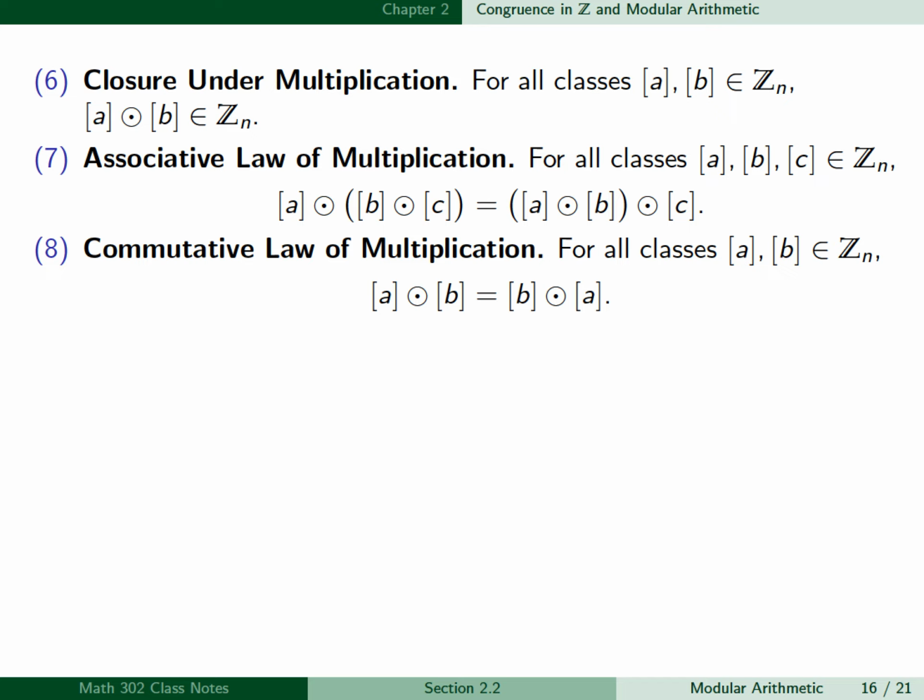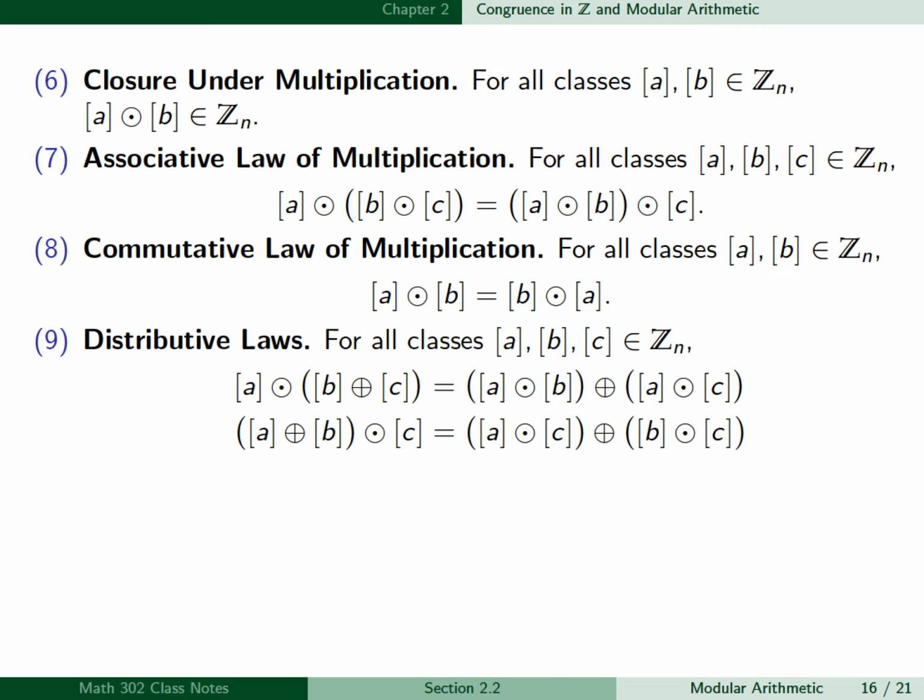8, the commutative law of multiplication. For all classes A and B in Z sub n, A times B is equal to B times A. 9, the 2 distributive laws. So for all classes A, B, C in Z sub n, we have A times the quantity B plus C is equal to the quantity A times B plus the quantity A times C, and then the quantity A plus B times C is equal to the quantity A times C plus the quantity B times C. And finally 10, the existence of a multiplicative identity.